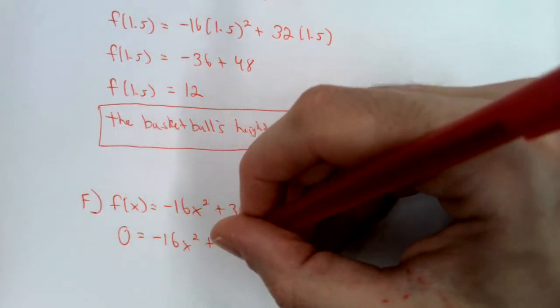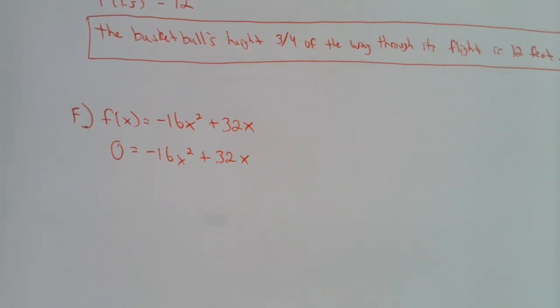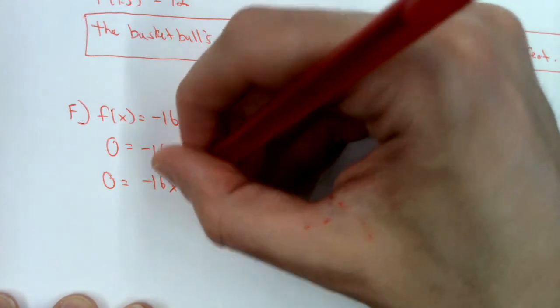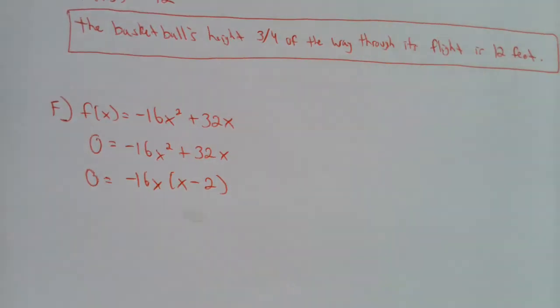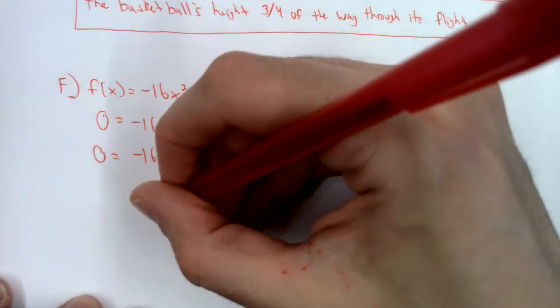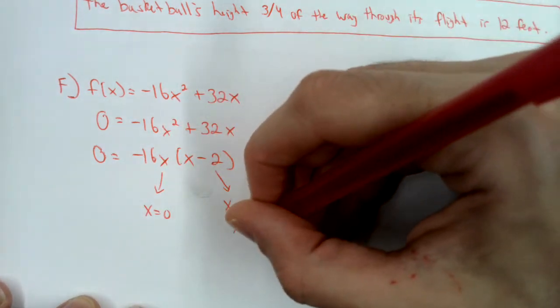So I replace f of x with 0. I'm going to solve that for x. I'm going to factor out the GCF of negative 16x, and it leaves me with x minus 2. That's from unit 3. Solve it. x equals 0. x minus 2 equals 0, which gives you x equals 2.